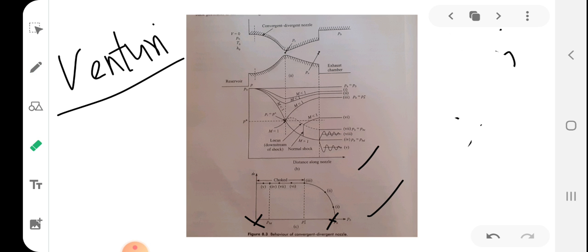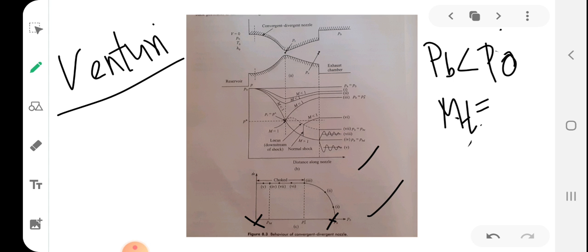But students, when the back pressure is further reduced to a value such that the Mach number at the throat becomes unity, it is accelerated maximally, so that when it reaches the throat, the flow becomes sonic at the throat but subsonic elsewhere.